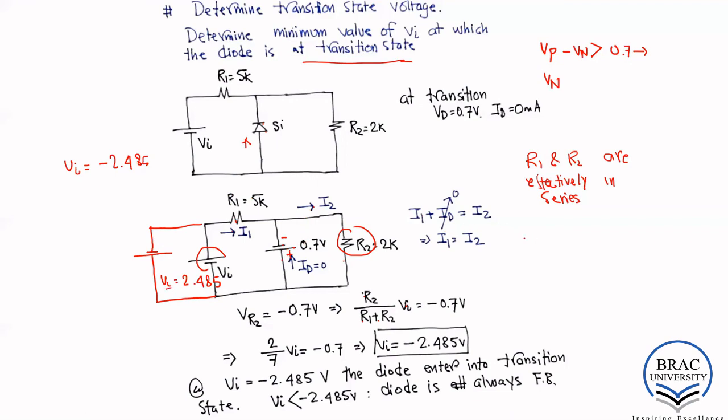That means if Vi is our transition state voltage, then Vi must be smaller than minus 2.485 volts. Thank you.